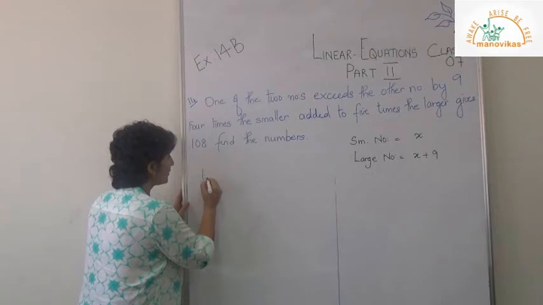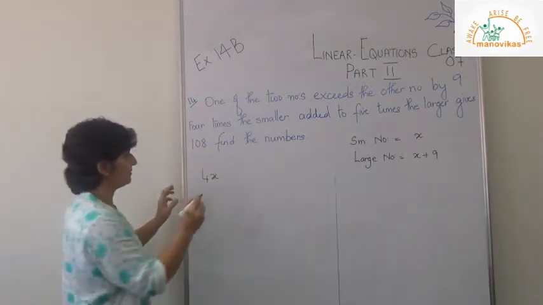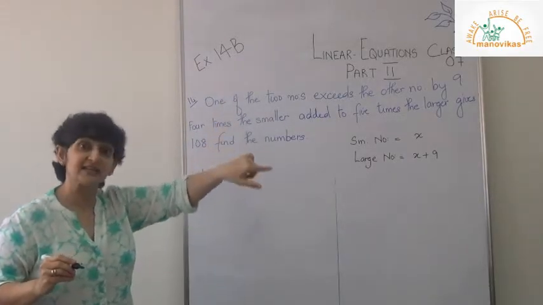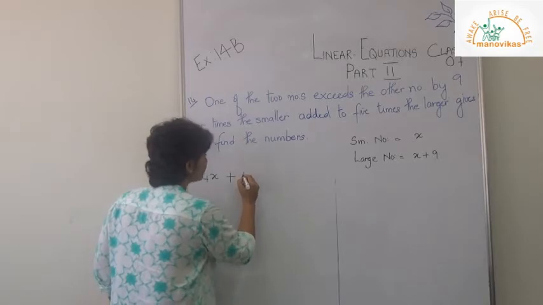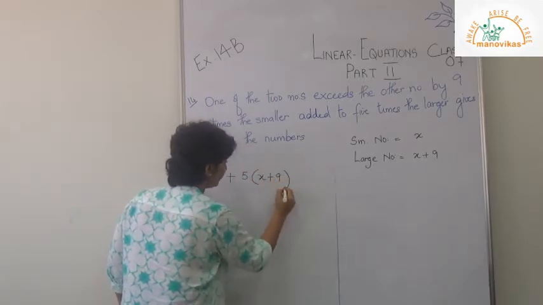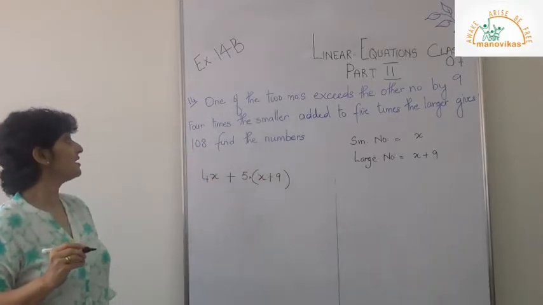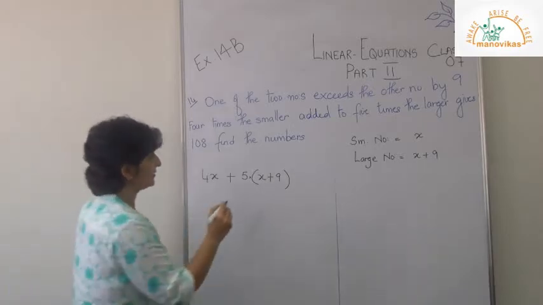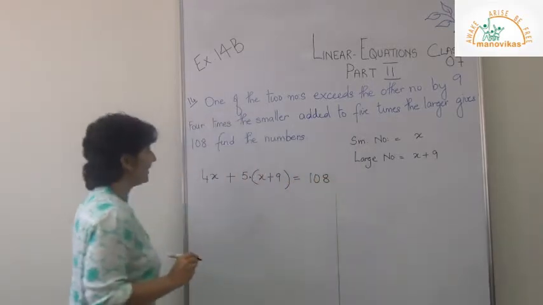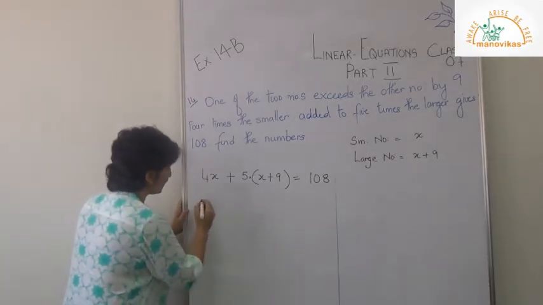So 4 times the smaller added means plus, added to 5 times the larger means 5 into x plus 9, correct? 5 times the larger gives me 108. So that means this is equal to 108. Find the two numbers. Yeah? Alright, so let's solve it.